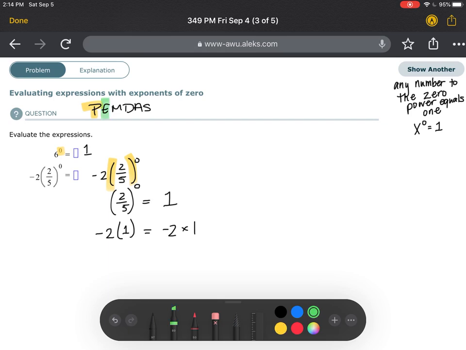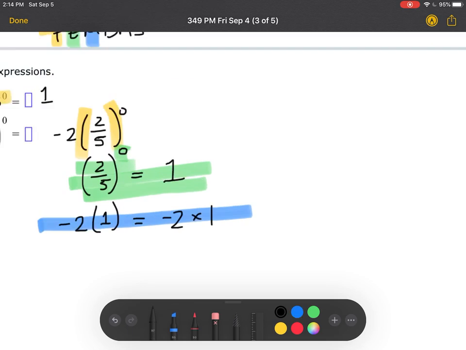Then we did the exponent, that's this one right here, the green. Then we went to multiplication, so we are multiplying in this one. In case you needed a breakdown of the steps and why I'm making a big deal of order of operations with this, this is the color-coded version of that.